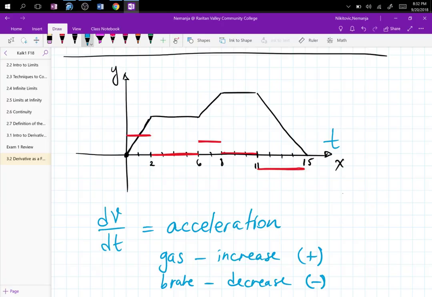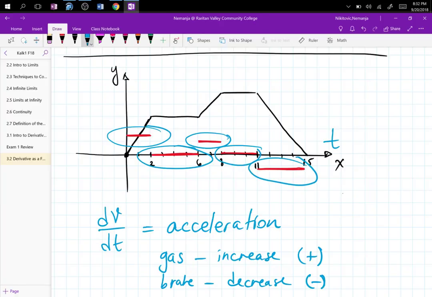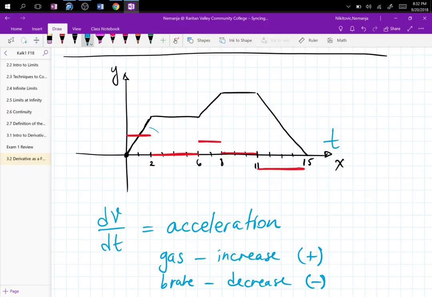So you keep, I'm accelerating, I'm driving constant, acceleration, constant, brake. One more time. Accelerate, constant speed, accelerate, constant speed, brake.